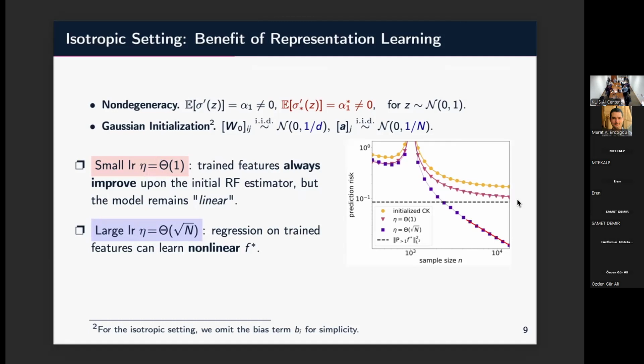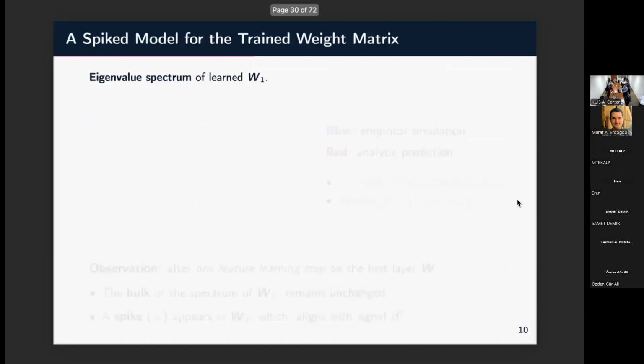Now, why does this happen? Well, it happens because when you take a gradient descent iteration, you're learning quite a bit about the unknown quantities. So let's look at the eigenspectrum of the learned first layer weights.